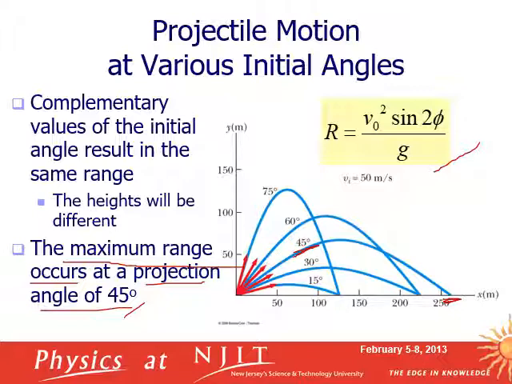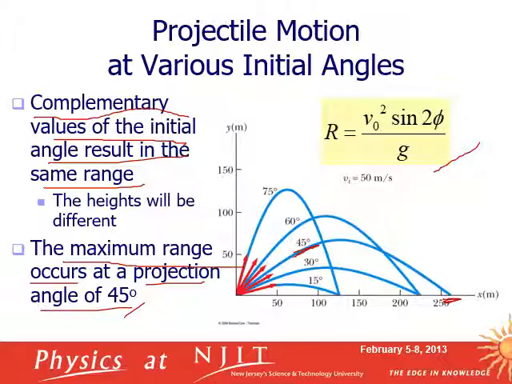Now, makikita nyo rin dito sa image na ito, it also shows that same ranges are obtained for two identical projectiles fired at equal initial speeds if their angles of projection are complementary. What am I talking about with that? Now, if you take a look at here, ayan, complementary values of the initial angle result in the same range. To what angles am I referring to?